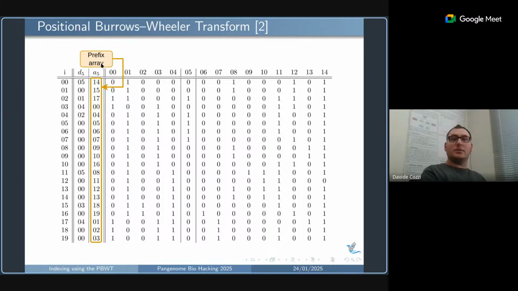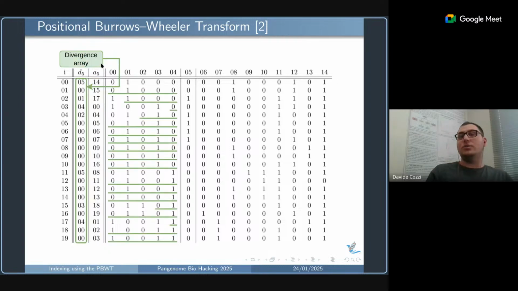Then we can store the common length between two consecutive rows in this reordering, the common length of just the starting column, such as in the example.